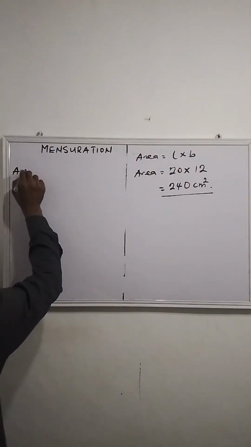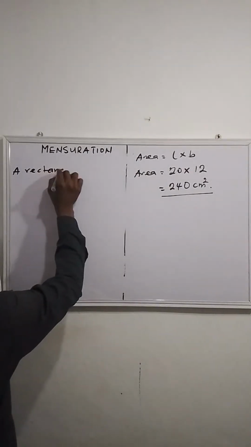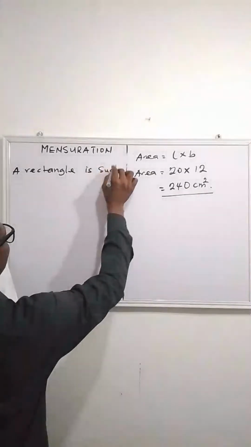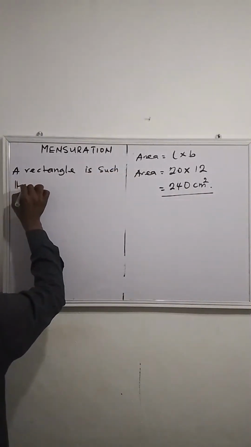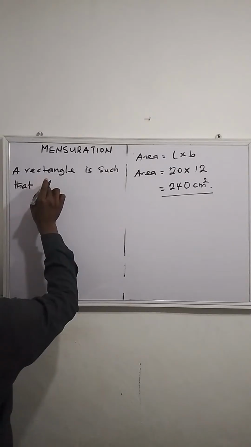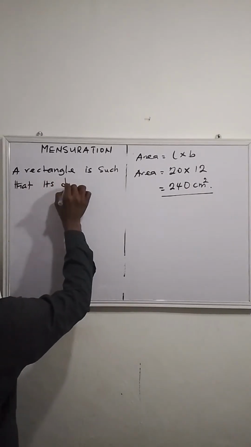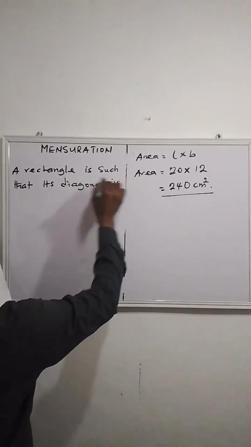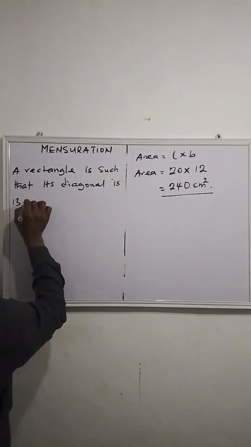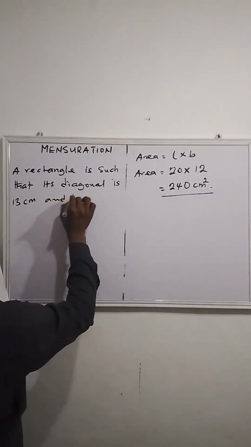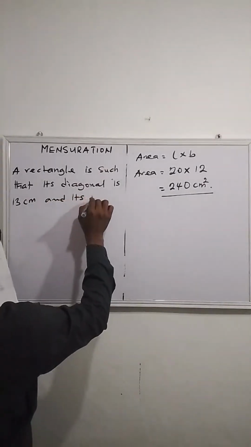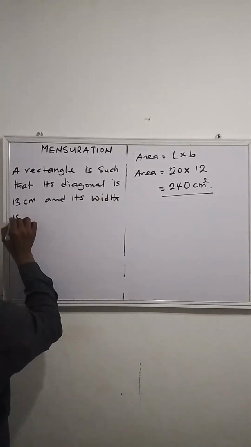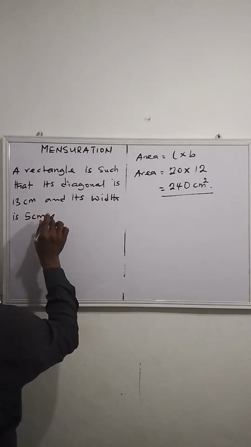A rectangle is such that its diagonal is 13 centimeter and its width is 5 centimeter.